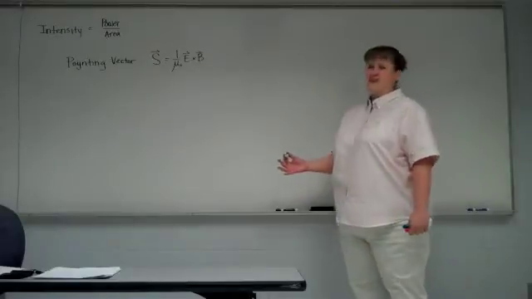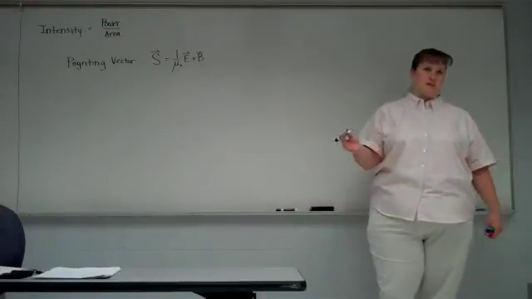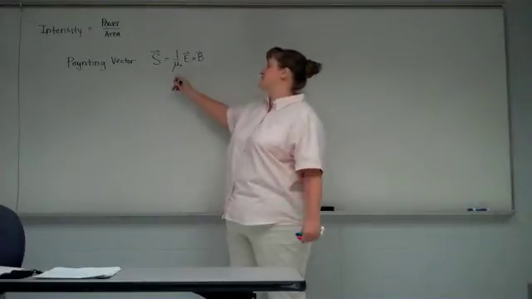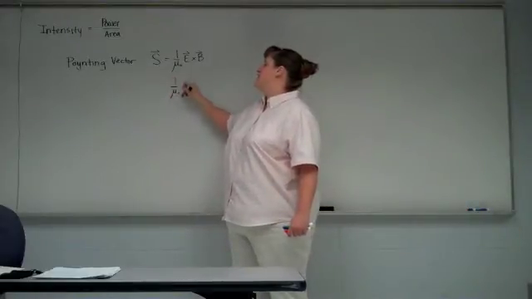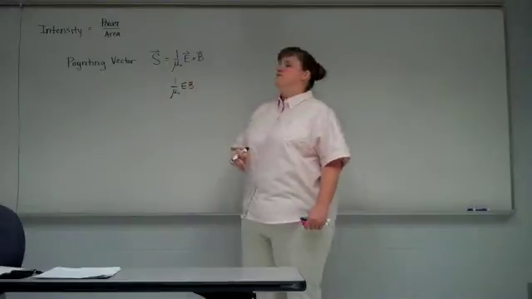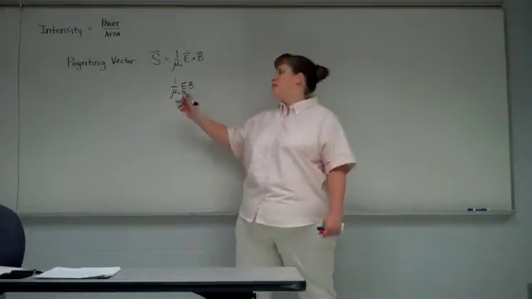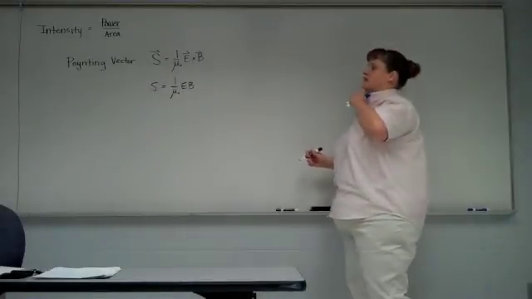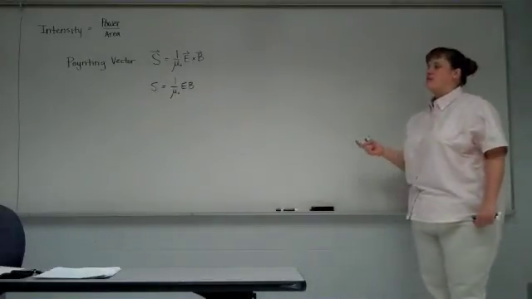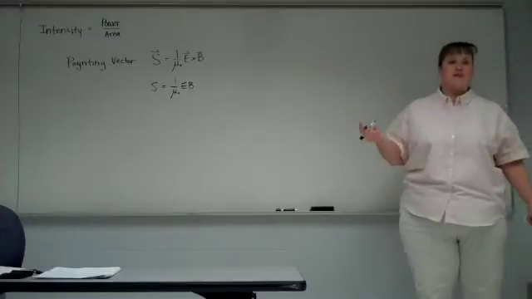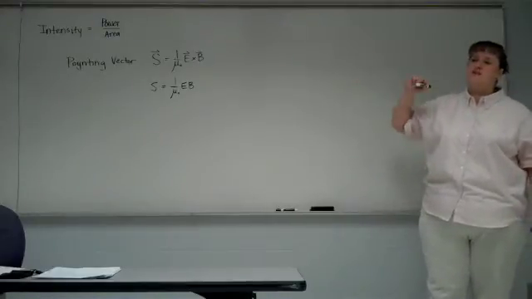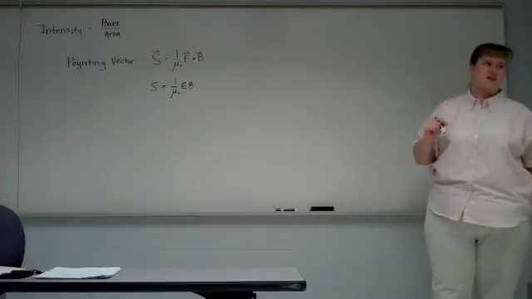Now, we already know that E and B are perpendicular to each other. They're always perpendicular to each other. So we can easily just call this 1 over mu naught E times B. I like to remember that the Poynting vector points in the direction the wave's traveling, because we know the direction of E cross B is the direction the wave is traveling in.